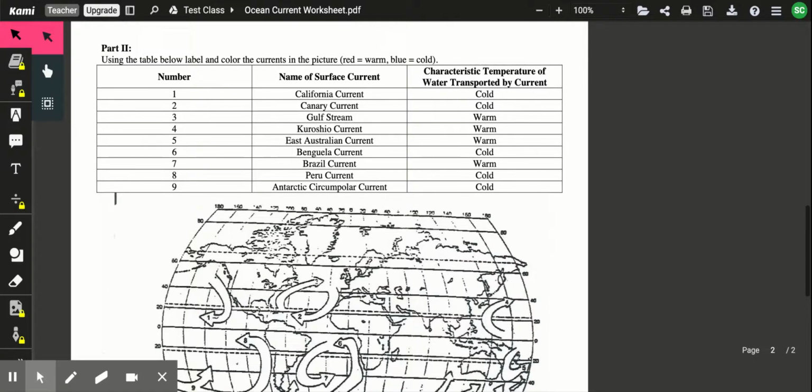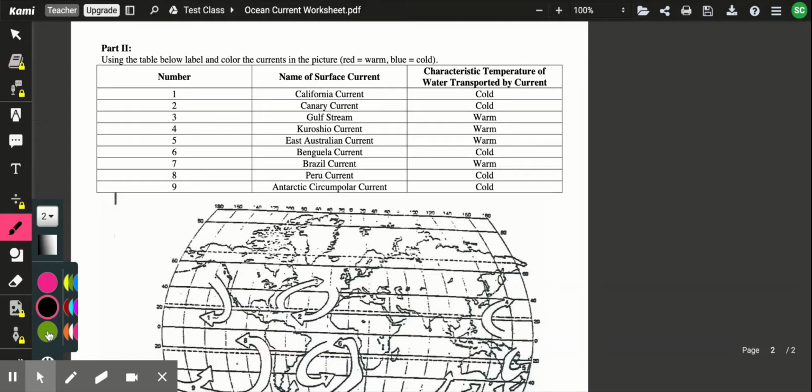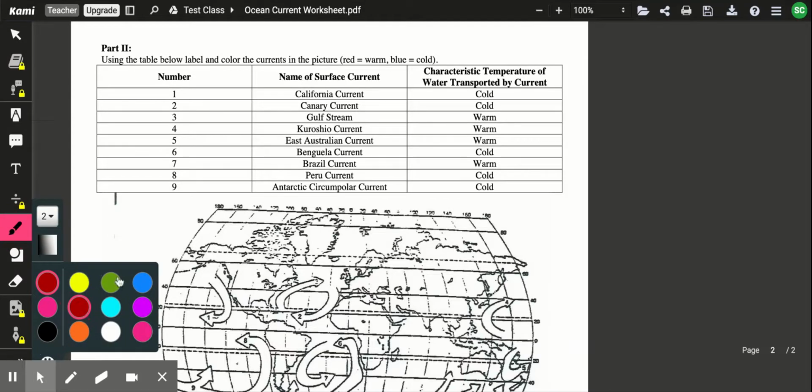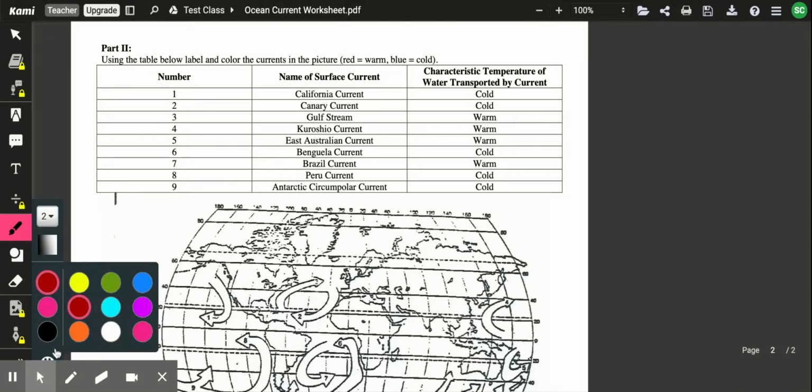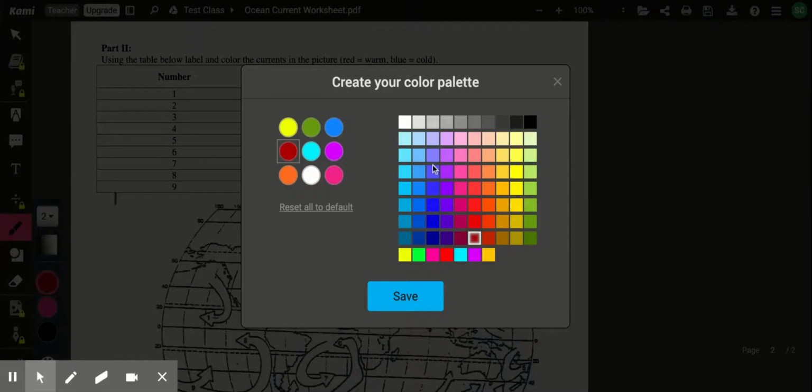Part 2, using the table below, label and color the currents in the picture. So red, you'll have to go over here to the drawing, and you can click on the red. They want you to color where it says warm. This is more of a burgundy color. You can change the color here.